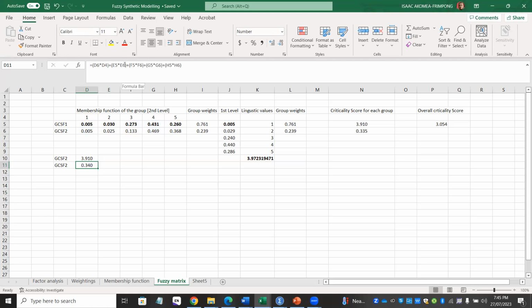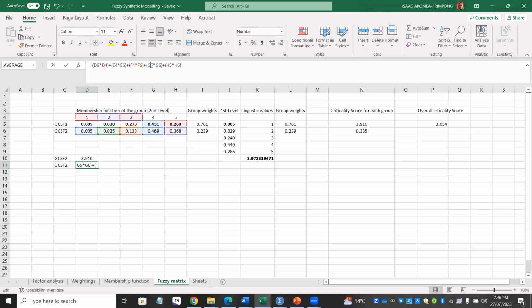So I have to change all these to 4. All the 5s should be 4, because we are dealing with the alternative.